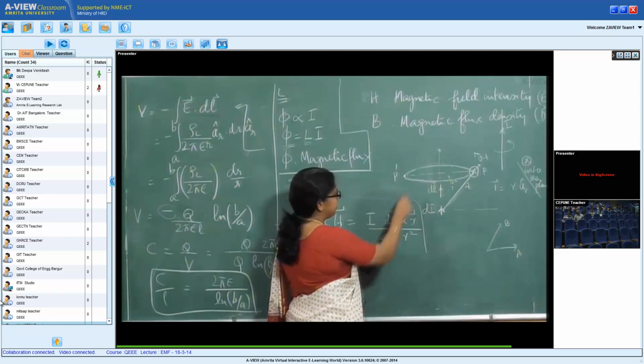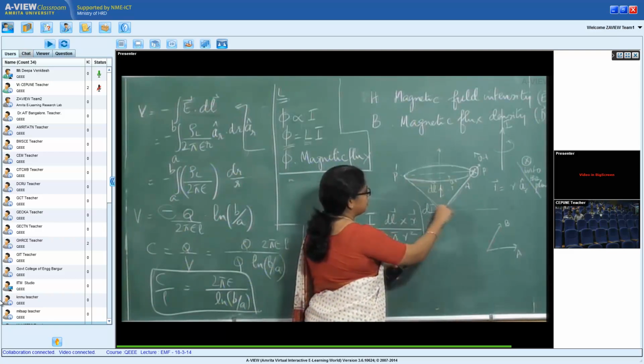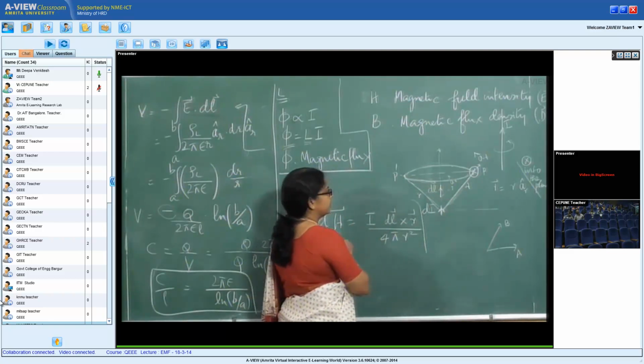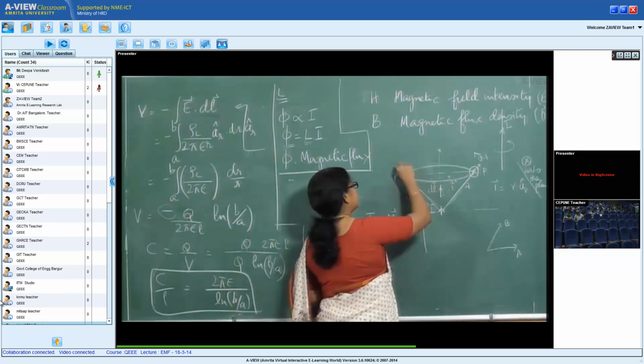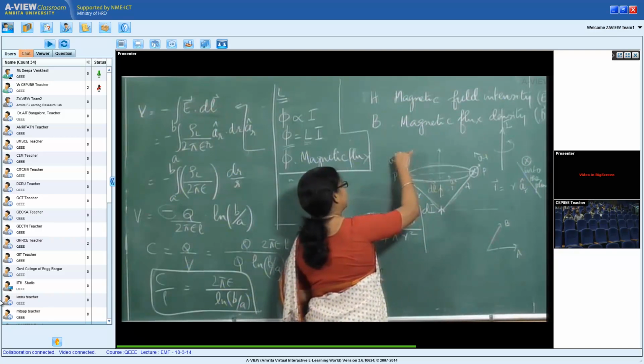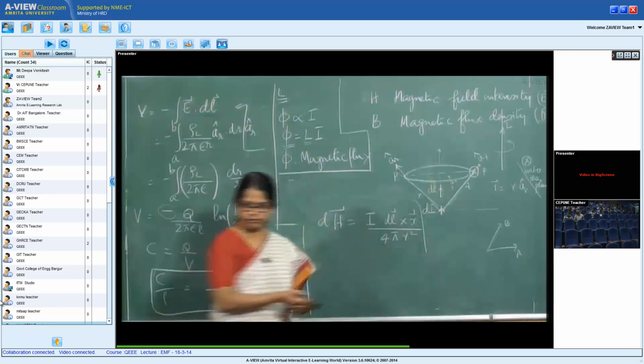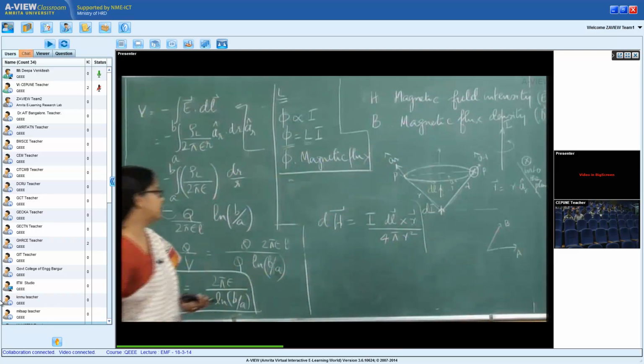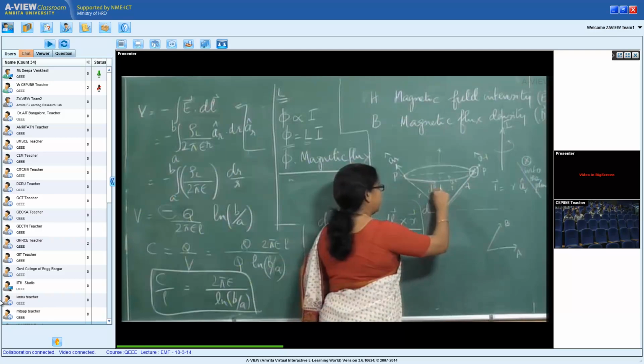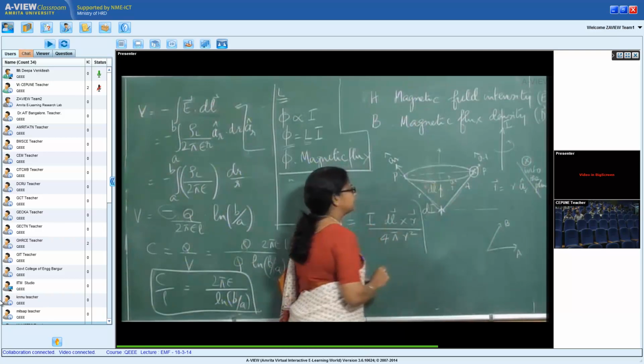Magnitude is the same because, as I said, along this cone R is the same. But what about AR? For this point P prime, my AR is in this direction.